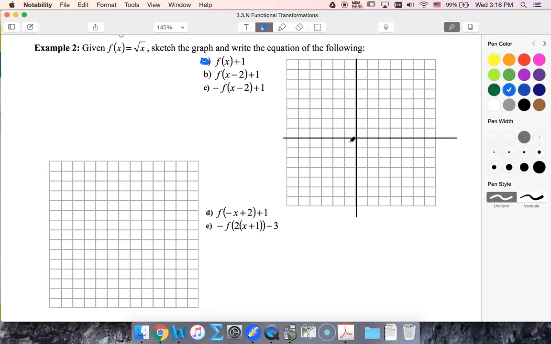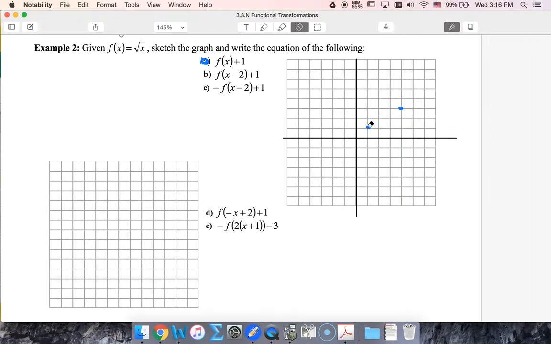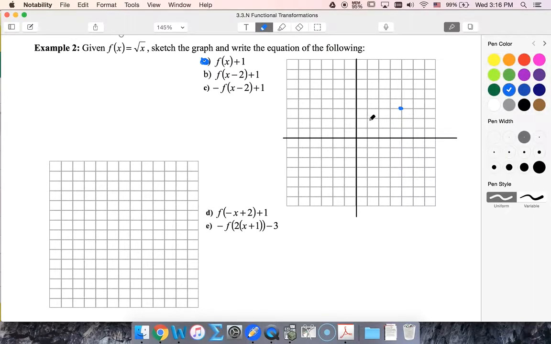So f of x plus 1: my normal f of x goes through (0, 0), (1, 1), (4, 2), so I'm going to move that all up 1. My point (1, 1) moves up 1, and my point (0, 0) moves up 1. So now I've taken my function and shifted it up 1.